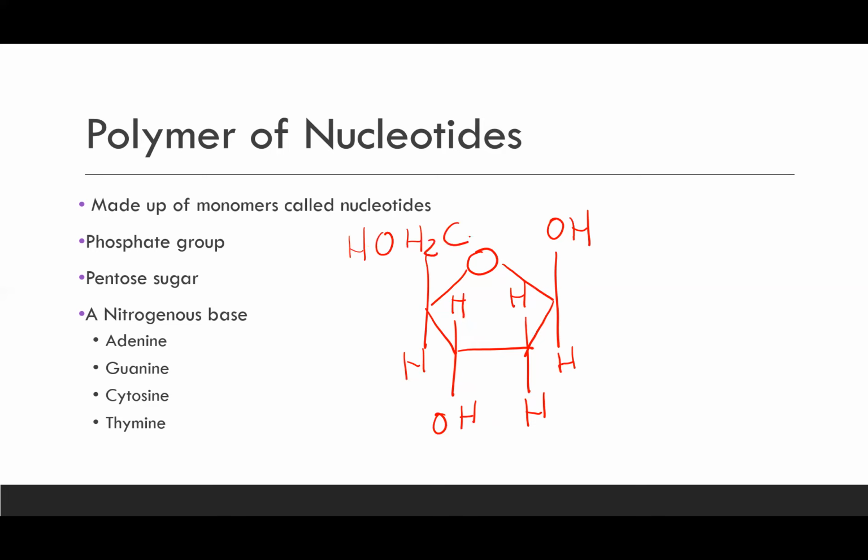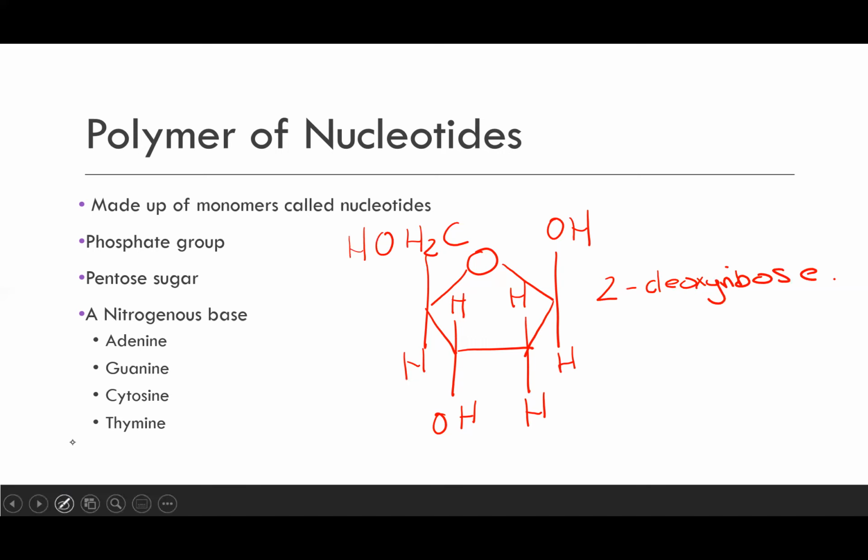So pentose sugar. A pentose sugar is a 5-carbon sugar. And in DNA, the sugar is specifically 2-deoxyribose. You don't need to know the structure of phosphate and the 2-deoxyribose or of the bases, as they'll be in the data booklet that you're given. But it's just good to know that this is what it looks like, just to familiarize yourself.